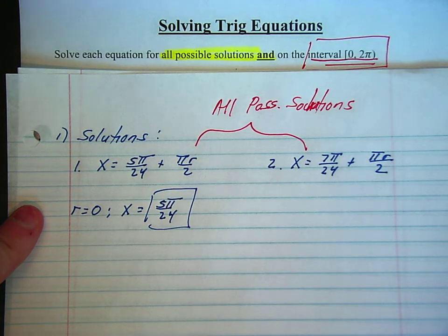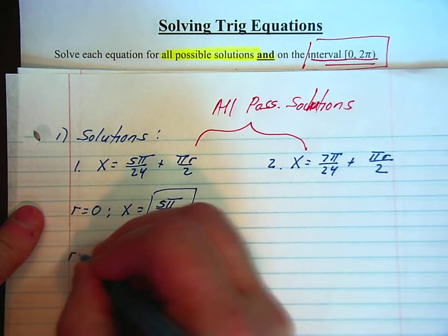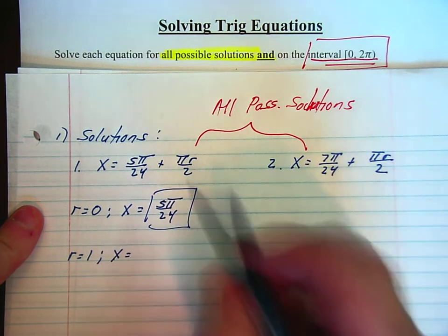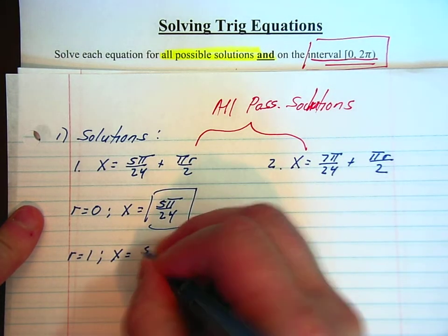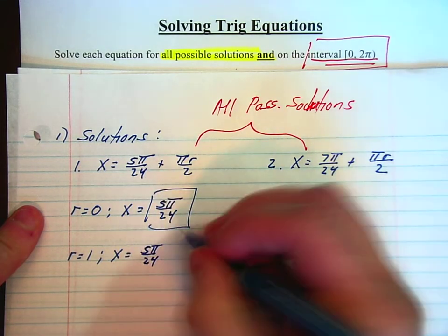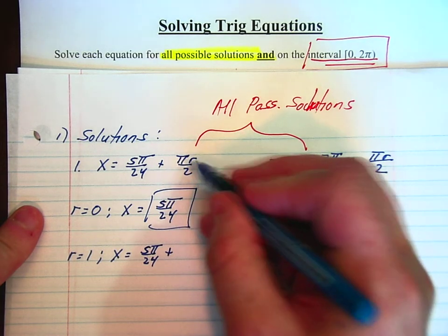That's the easy one. The next ones, you're going to have to actually do a little bit of arithmetic. So next one, I'm going to put 1 rotation in. So now I'm going to put a 1 in for r. So I'm going to have 5 pi over 24. That's this right here. Plus, if I put a 1 in here for r, pi times 1 is just pi.